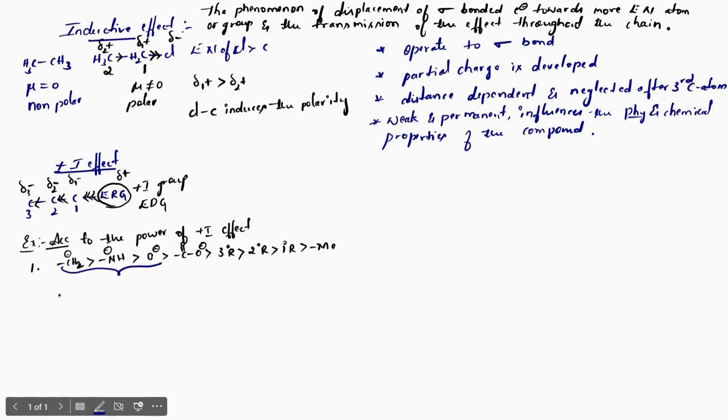This order is because, considering electronegativity, carbon is less electronegative than nitrogen, and nitrogen is less electronegative than oxygen. That's why carbon acts as a good donor.